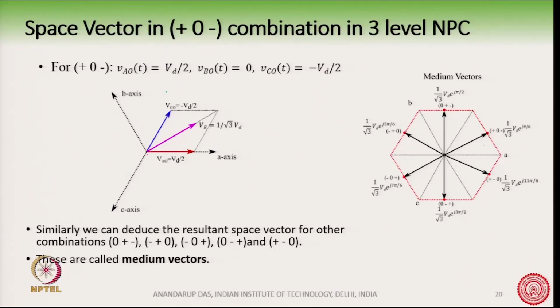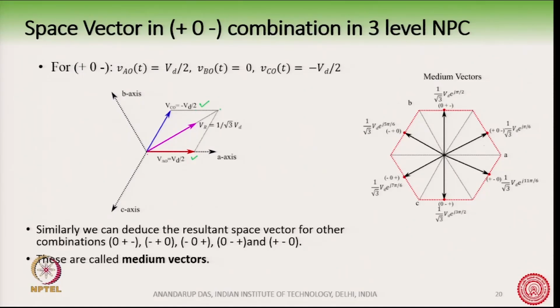Then on the B axis it should be 0, there is nothing on the B axis, and on the C axis you have minus Vd by 2, whose position will be here. So, this is plus 0 minus.